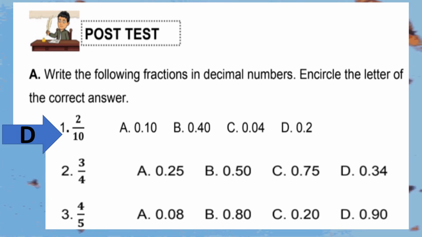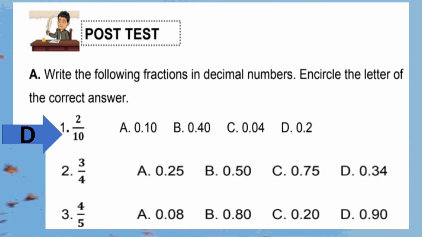Okay. What about number 2, 3/4? 3/4 is the simplification of the hundredths. So, meaning the answer is in the hundredths place. So, to be able to find the correct decimal, divide 3 over 4, or 3 divided by 4.